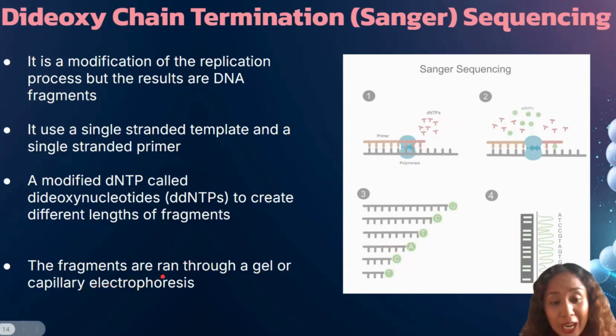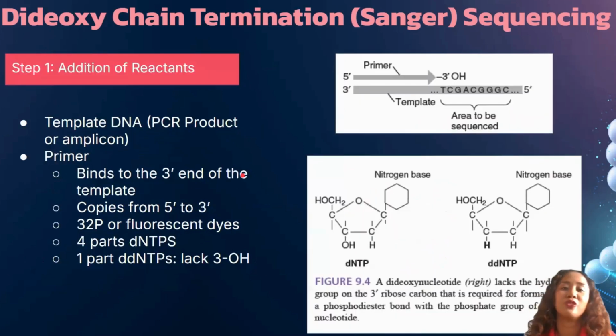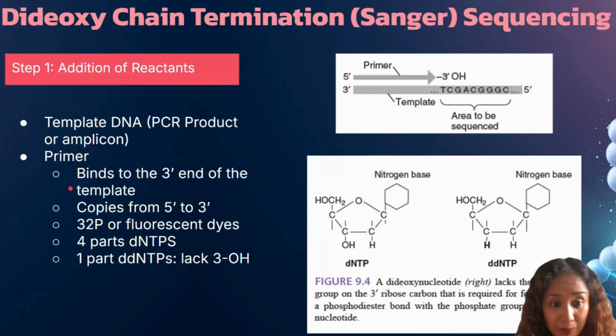The fragments are now run through a gel or capillary electrophoresis. So what are the steps? Step 1 is the addition of reactants, the key players in our reaction. You need your PCR product, what we amplified in our PCR, and we have our primer.